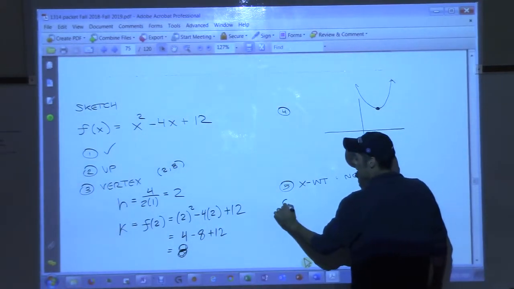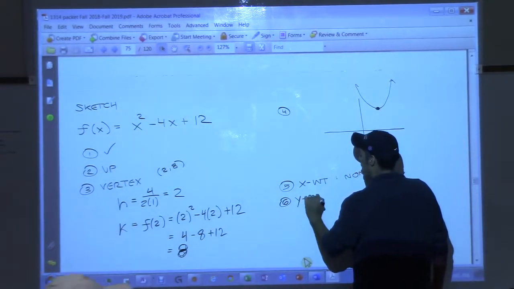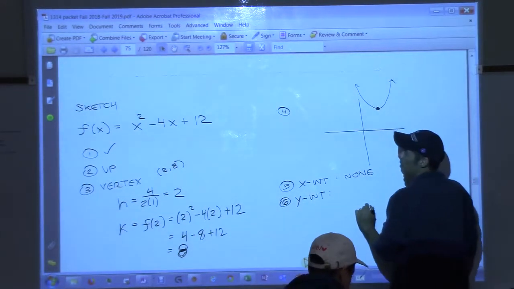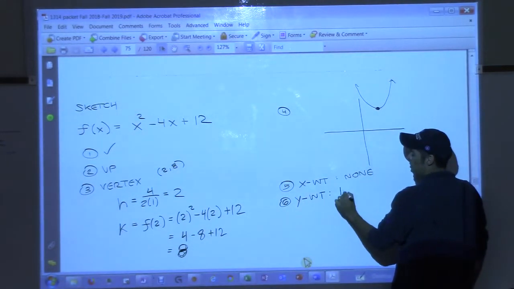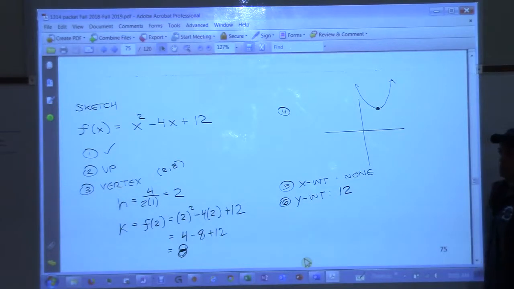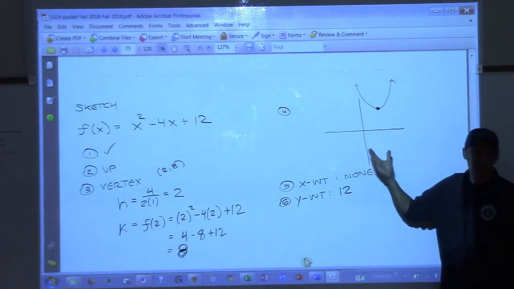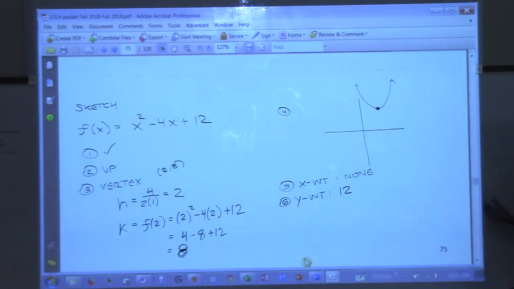Step 6 is the y-intercepts, or y-intercept, and that happens where? 12, right? So again, I only have 2 points for this one. I have the vertex and I have a y-intercept. So I'm going to try and draw the best I can off of that minimal information.